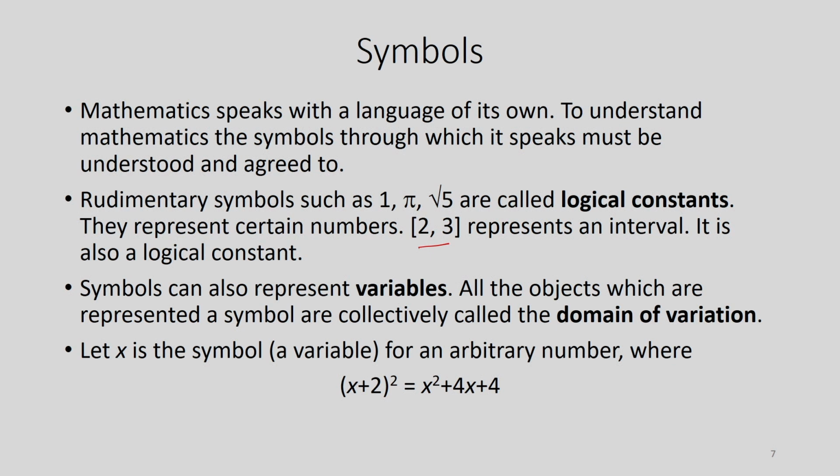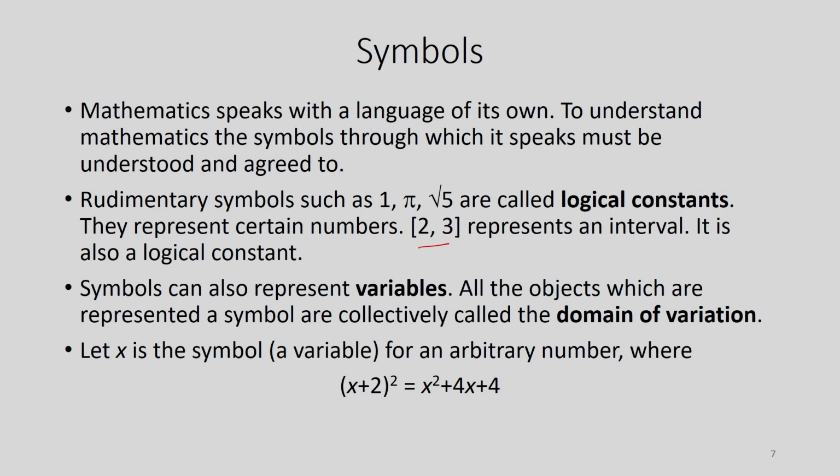They can also represent what are known as variables. All the objects which are represented by a symbol are collectively called the domain of variation. Here, the number represented by a symbol can vary.